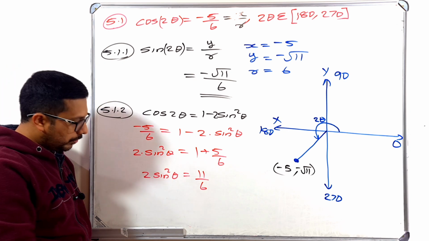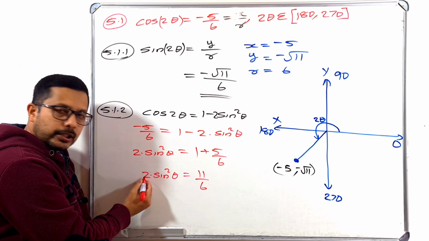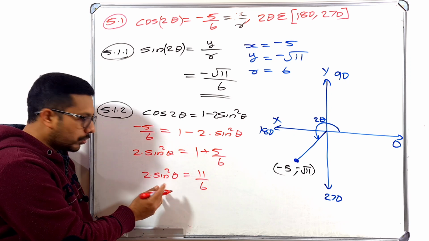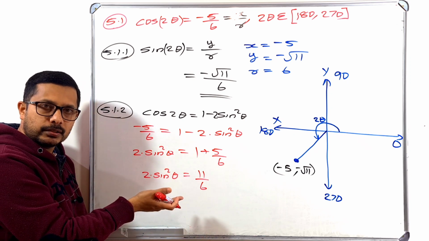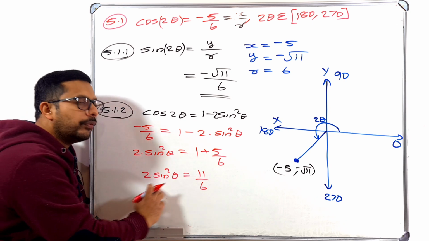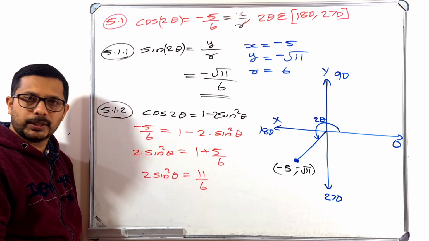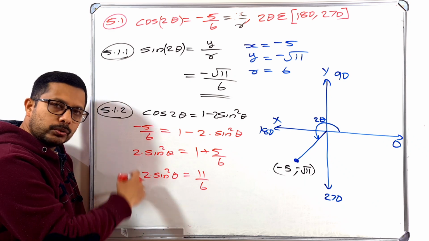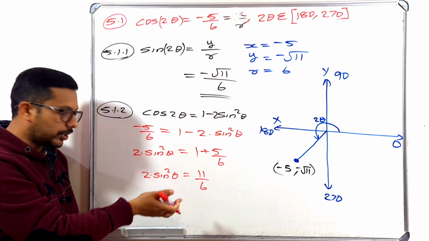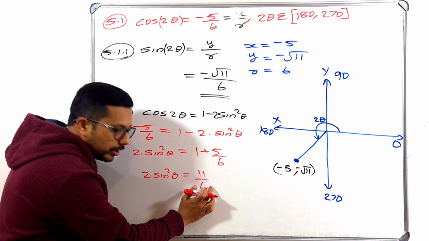Now this 2 is multiplication, am I right? If I want to take this 2 to the other side, it is division. Or divide both sides by the 2, whatever method. Division means this 2 will go to the denominator.